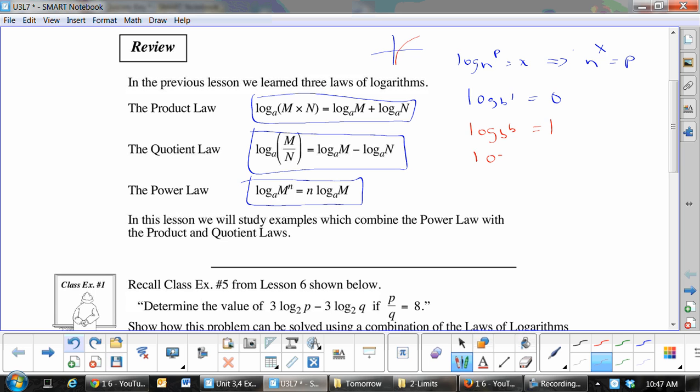Log b to the c equals c. If you did, this would still be a package that could come down in front.